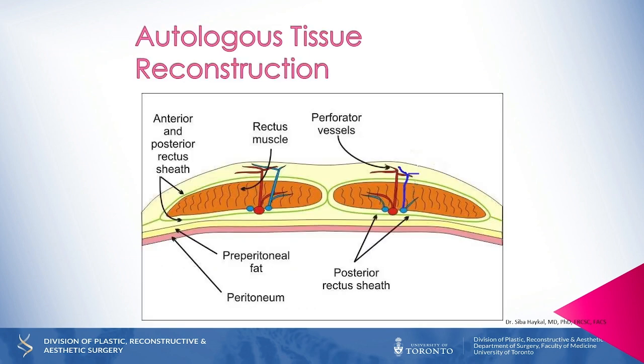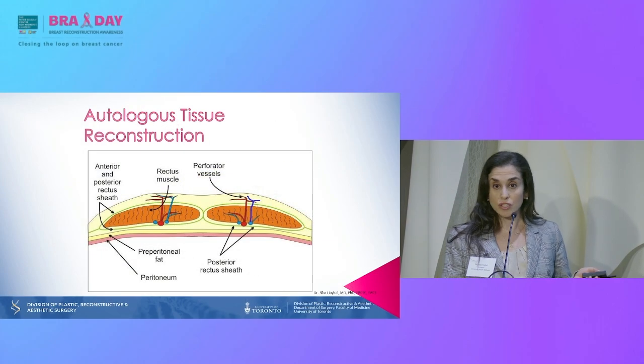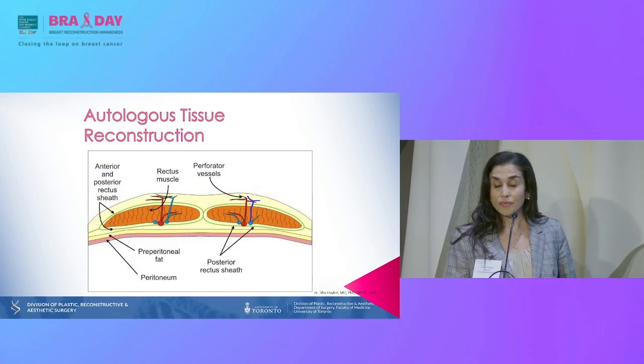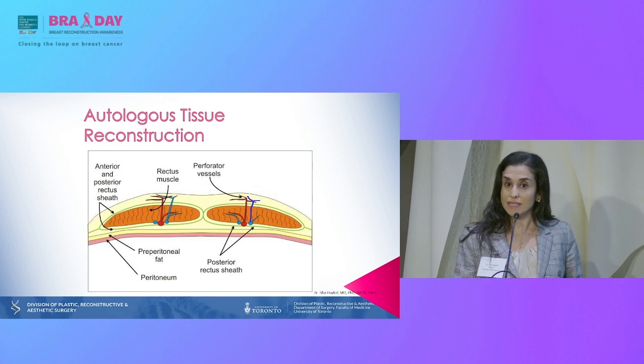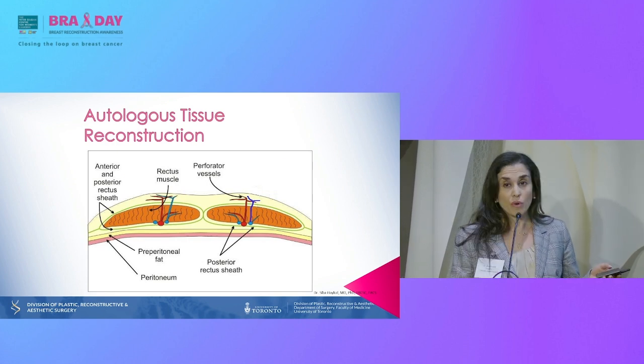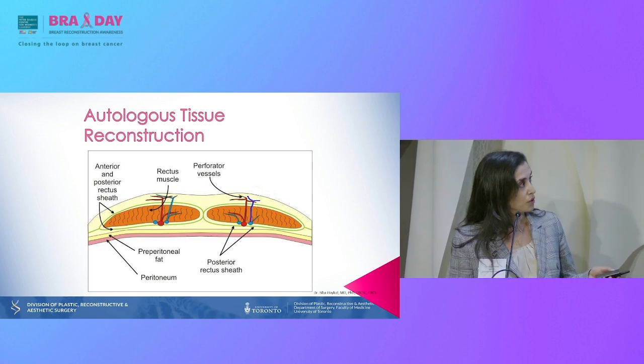So this is a cross-section of the abdominal muscles, so the muscle in the tummy. These vessels are small little vessels that are less than 1 to 2 millimeters in size. So initially, when we discuss this surgery as a possibility, we do imaging and a CT scan to look at whether or not these vessels are available.